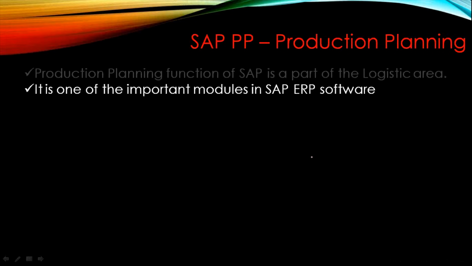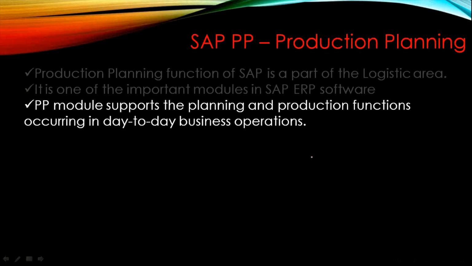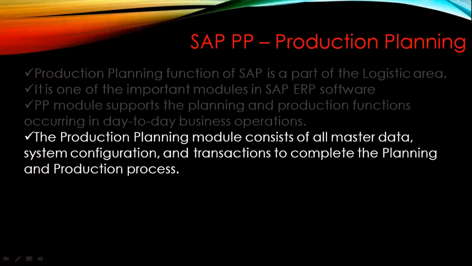It is one of the important modules in the ERP software, and it's a core module. The PP module supports the planning and production functions occurring in day-to-day business operations. It consists of all master data, system configuration, and transactions to complete the planning and production process.